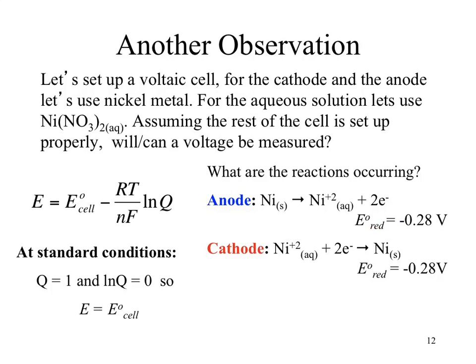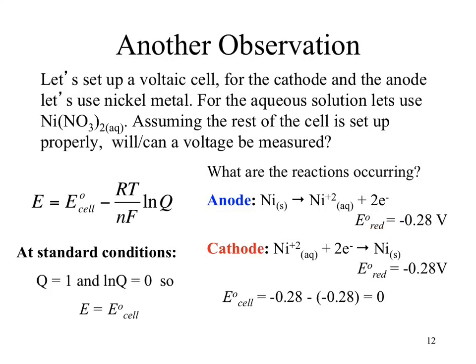Natural log of 1 is 0. So what do we get? Our cell potential for that reaction equals our standard cell potential, 0. We'd say, oh no, there's no way we could get a cell potential there. Does the question say anything about concentrations? No. Okay. So it's not saying that the concentrations are all 1. That would be our assumption put into it.